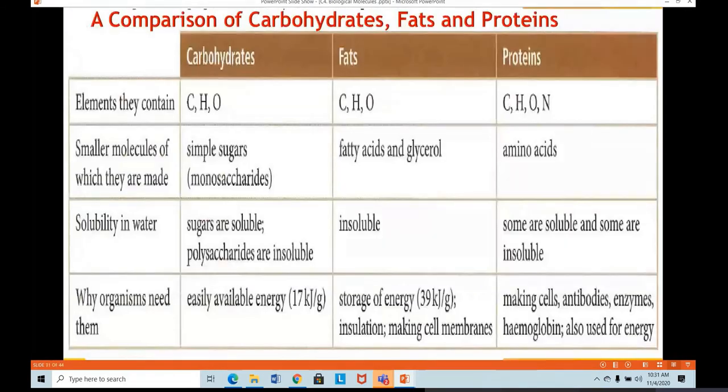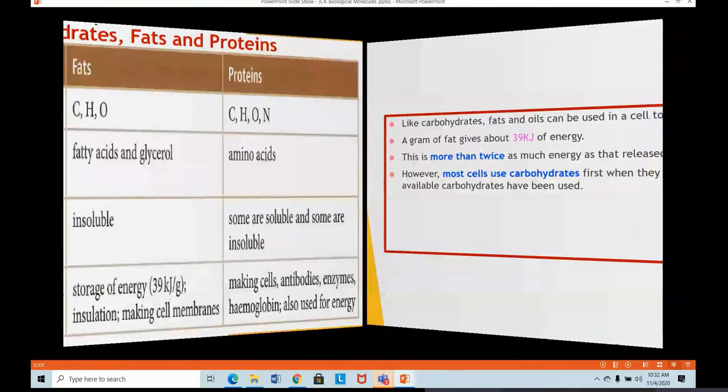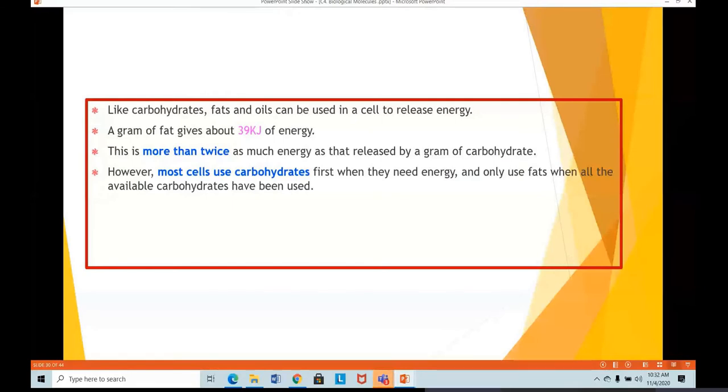And what is the use of fats in the body then? They store energy. Heat. Very good. The function of fats is insulation or providing heat to the body. Also, the energy released by fats is stored as glycogen reserves so that our body uses it whenever we need extra energy.